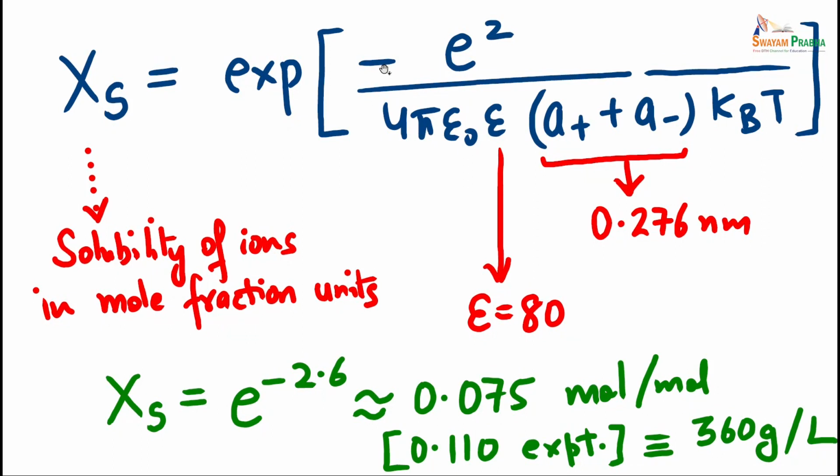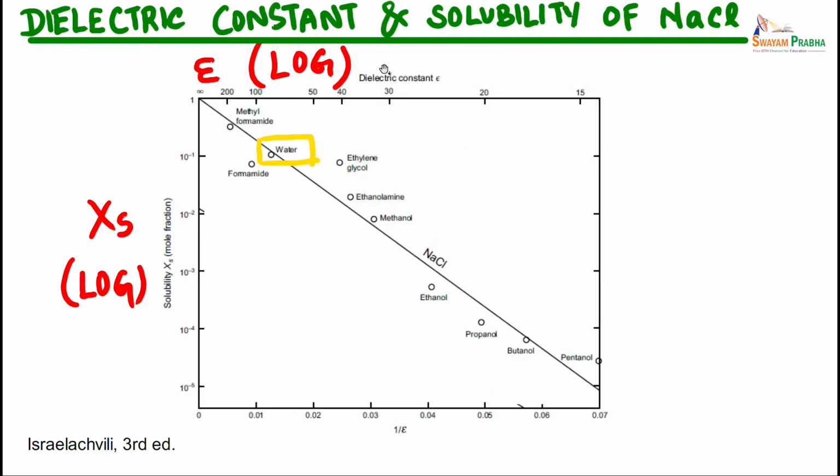And if you plug in the numbers, with this very simple calculation, you get very close to the actual value. How much salt dissolves in a liter of water is 360 grams. And if you do the calculation, you will come to something like 280 or 240 grams, just with this very simple expression.